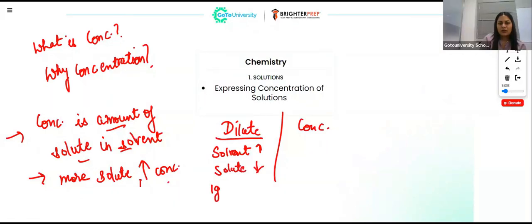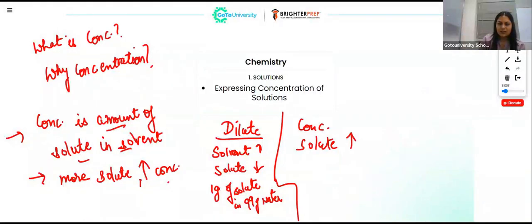Say 1 gram of solute in 99 gram of water, right? But if we talk about concentrated solution, here solute is present in maximum amount, or say in larger quantity, and solvent is present in less quantity.